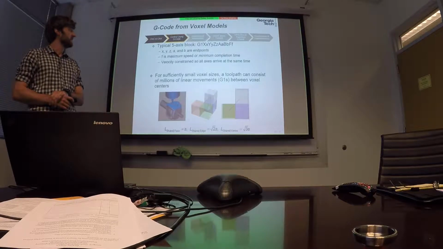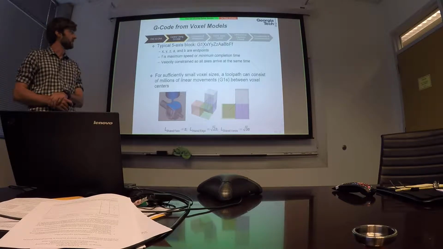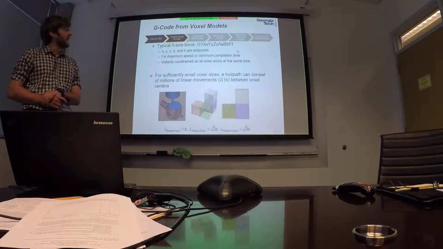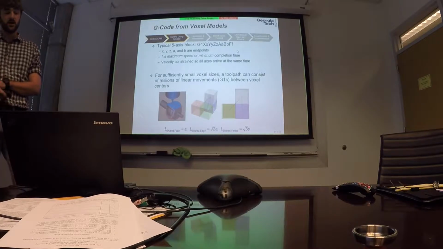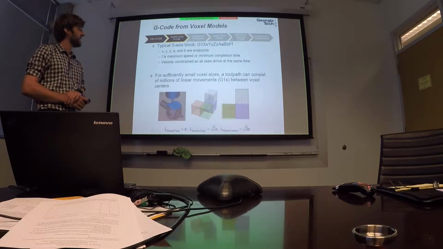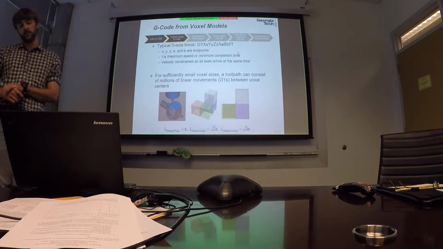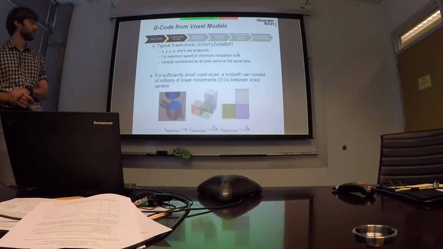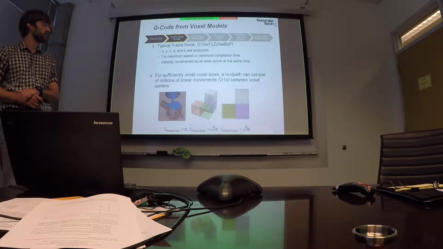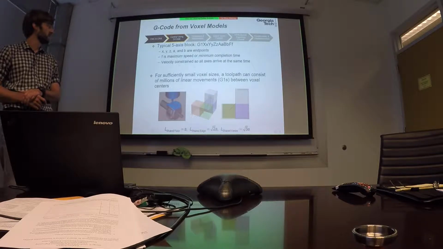So when the move begins, from the current position, linearly interpolate to the points on each axis denoted by the lowercase letters here. F is the feed rate address, and lowercase f is the actual, again, the maximum velocity that we're allowed to travel along the path, or the minimum completion time. Both are saying the same thing.